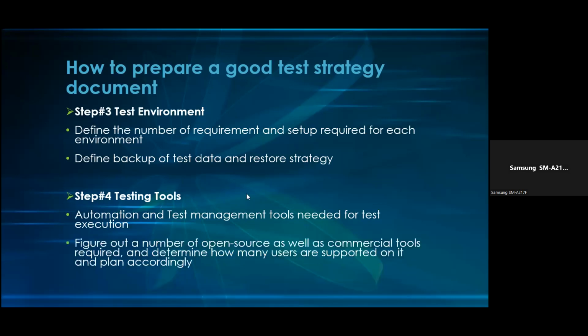You already know the defect management tool you're going to be using, which is Azure DevOps. So figure out a number of open source as well as commercial tools required and define how many users are supported on it and plan accordingly. This is just the kind of tools you're going to use. Open source tools are like free tools that you can use.